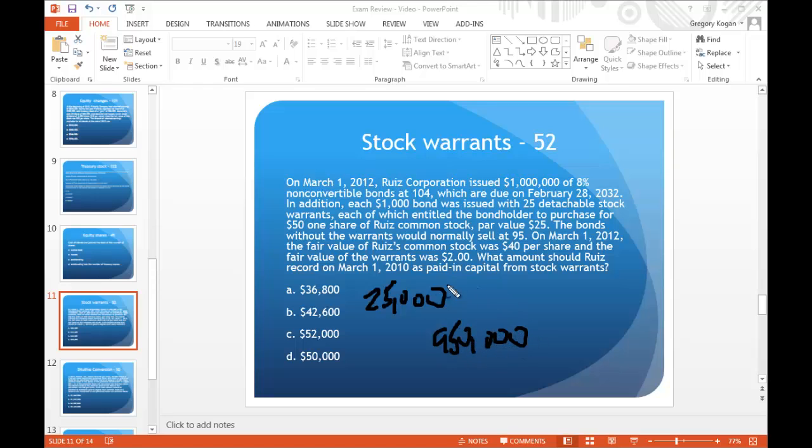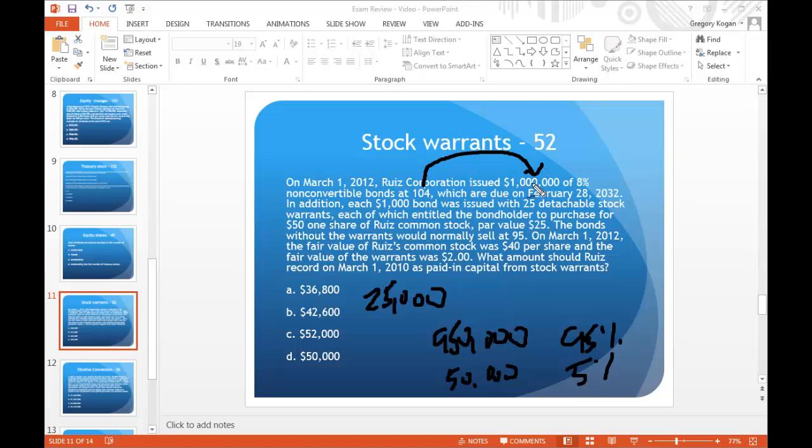And what's the warrant value? It's $2 a warrant, so it's 50,000. So we just break it down just like we did in class, doing a proportion: this is 95%, this one's 5%. So we go right through it. And then, do you remember how to do it? We take the 5%, we allocate it to the issuance.